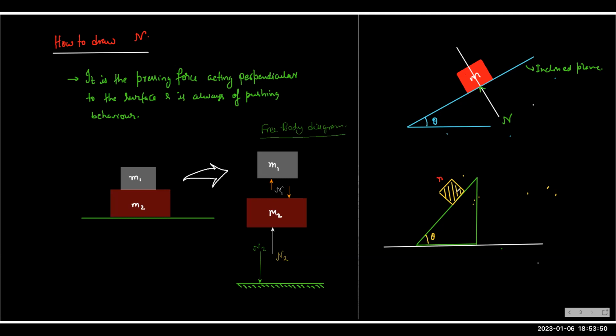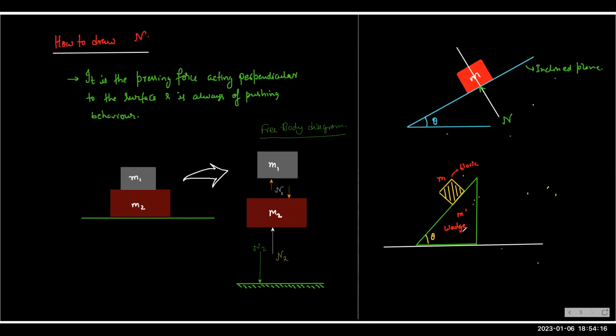So we have two blocks. I mean, we have a block kept over a triangular shaped object which is called a wedge. So this is the block, and the wedge also has some mass m. When we represent a triangle shaped object, we can call it a wedge. We are supposed to draw the normal for the block as well as the wedge.